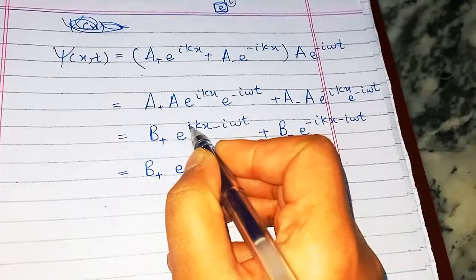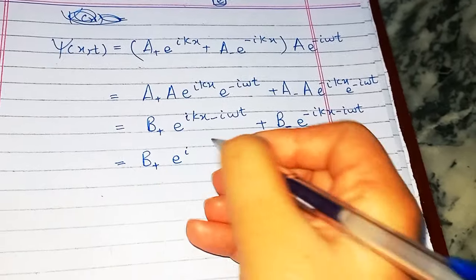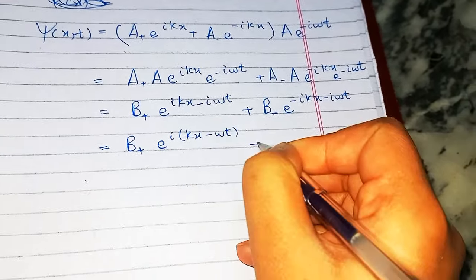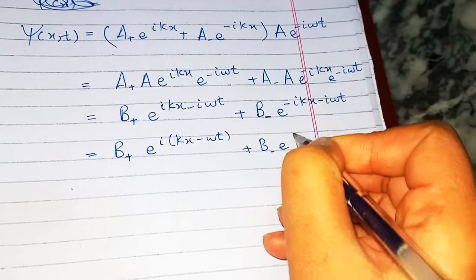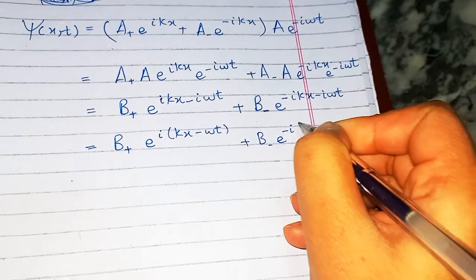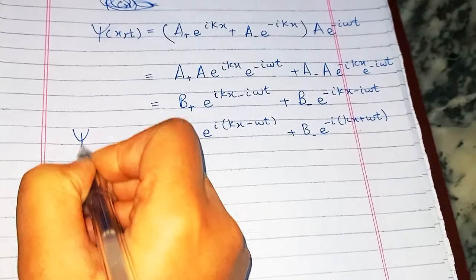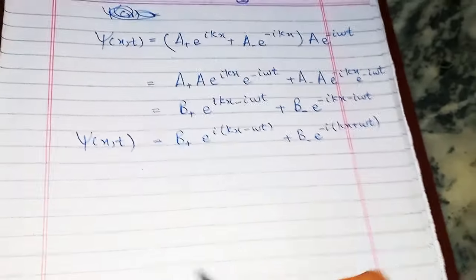Here further on we can take iota common, so we are left with kx minus omega t plus b minus e to the power, we can take minus iota common, kx plus omega t. That is the total wave function.